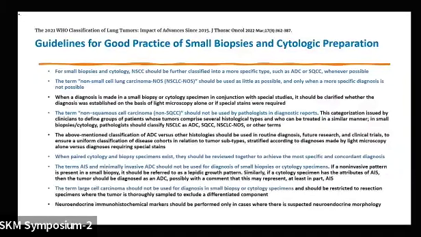So these are some of the guidelines for good practice of small biopsies and cytologic preparation based on the WHO classification. What is basically being recommended is that non-small cell carcinomas should be further classified into more specific types, such as an adenocarcinoma or squamous cell carcinoma, whenever possible.